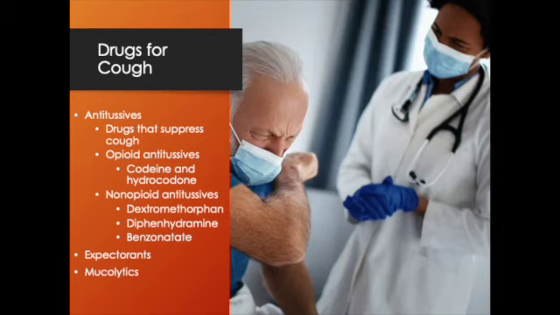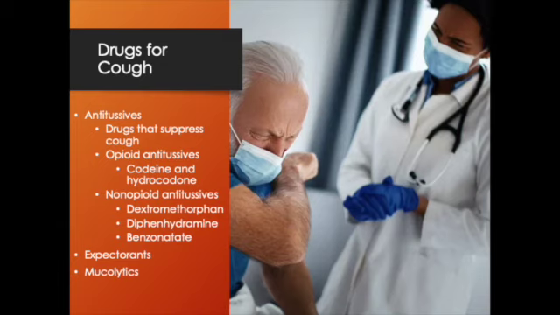So antitussives, these are the drugs that suppress the cough. They act on the CNS and peripherally, and they fall into two major groups. We either have antitussives that are also opioids, or we have the non-opioid antitussives. And it's really interesting.